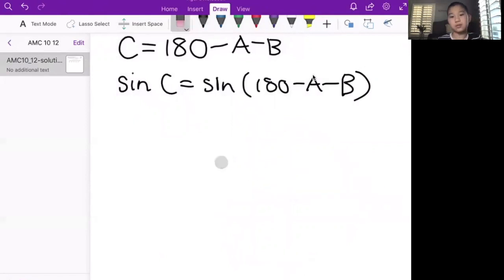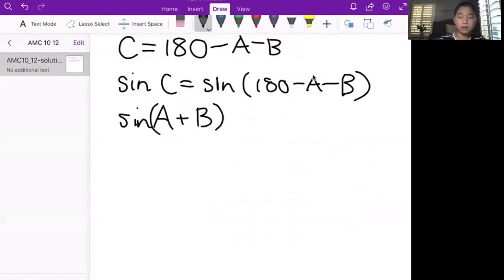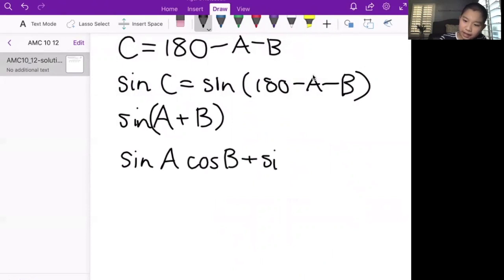So sine of 180 minus A minus B is equal to sine of A plus B. So we can use the angle addition formulas to get sine of A times cosine B plus sine B times cosine A.